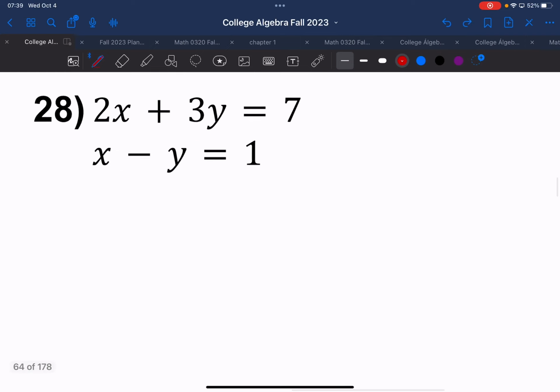So looking at number 28, which variable would be easiest to get rid of, x or y? They're both just as easy to get rid of. Let's go ahead and, instead of getting rid of y this time, get rid of x. So we have a 2x and an x. What would we have to do to which equation in order for these x's to cancel out?